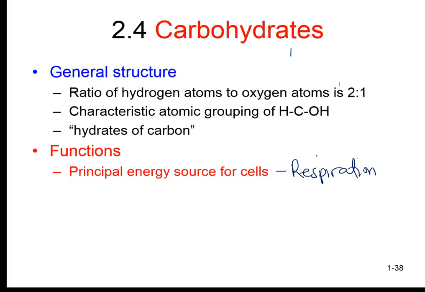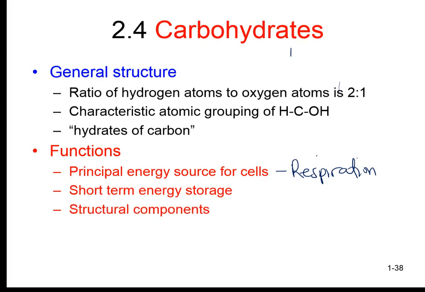And they are the principal energy source for cells, and also they are for short-term energy storage. If you have too much energy and you want to store it somewhere until you use it, or you run and you use it, you can use carbohydrates for that. Also, they are structural components. We'll see what this means.